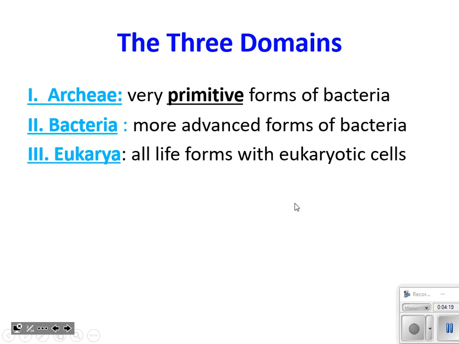So if we just go by that definition, eukarya has eukaryotic cells, so this bacteria and this archaea must have what type of cells? That is correct, ladies and gentlemen. That would be prokaryotic cells.